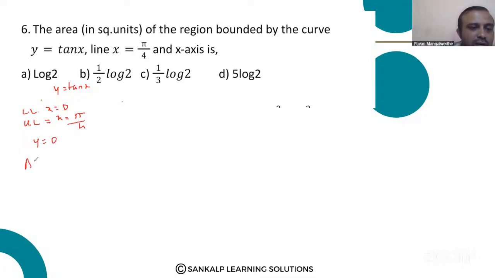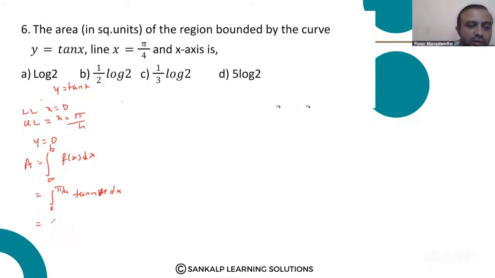So area A is given by the integration from a to b of f of x dx, which is equal to the integral from 0 to pi by 4 of tan x dx.